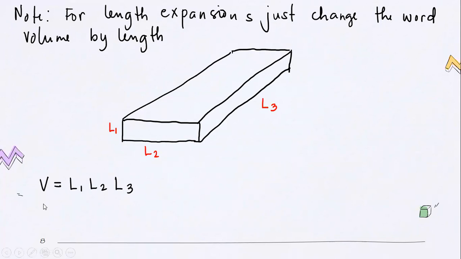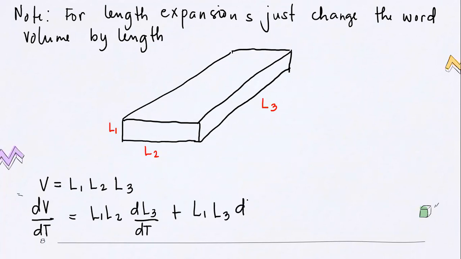Get the derivative of the volume with respect to temperature. The derivative of volume with respect to T is equal to L1 L2 times the derivative of L3 with respect to T, plus L1 L3 times the derivative of L2 with respect to T, plus L2 L3 times the derivative of L1 with respect to T.